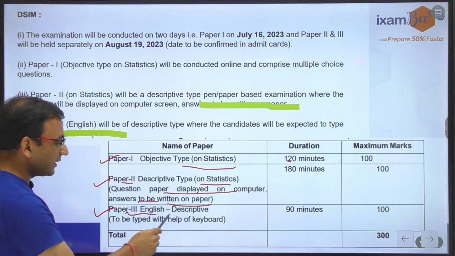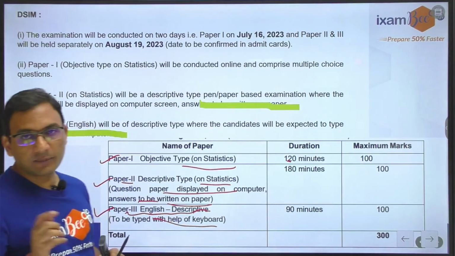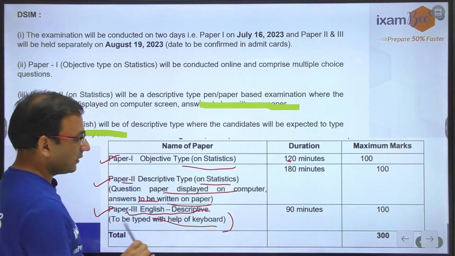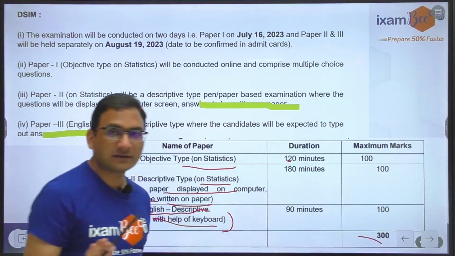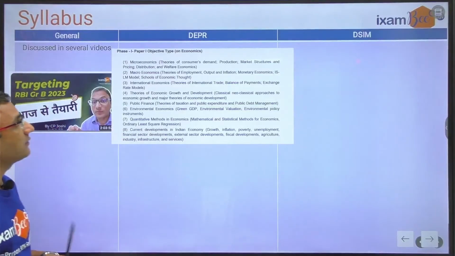Paper 3 is English, where you have to type on the keyboard like in case of the Grade B DR General English paper. Here it is to be typed on the keyboard. Here 300 marks written exam plus 75 marks interview will be the criteria for final selection.